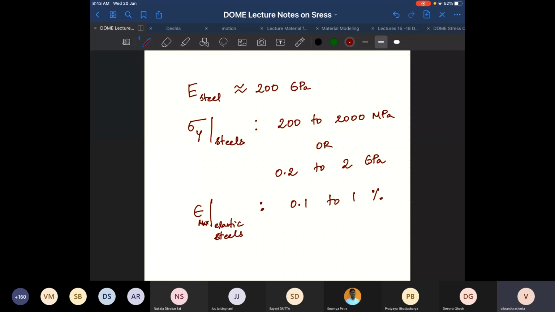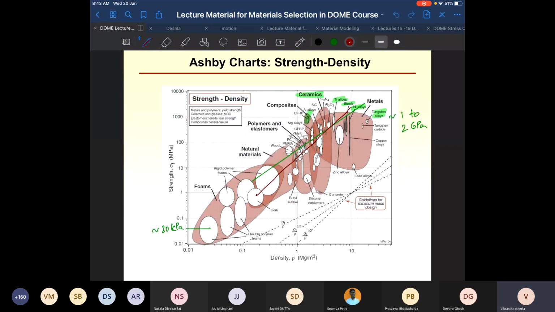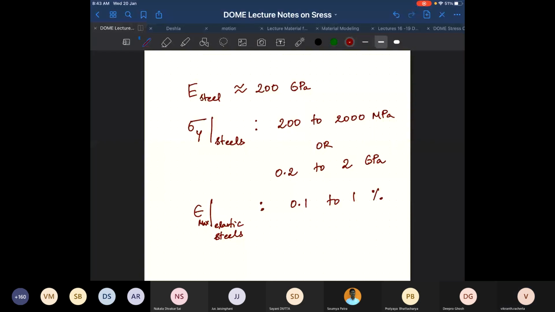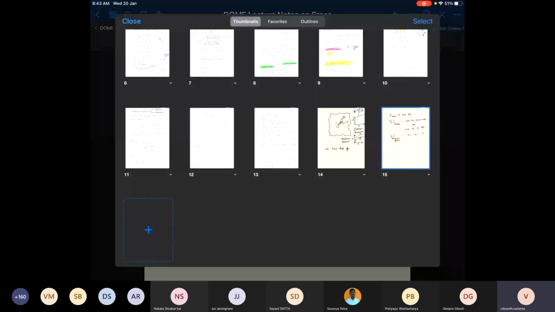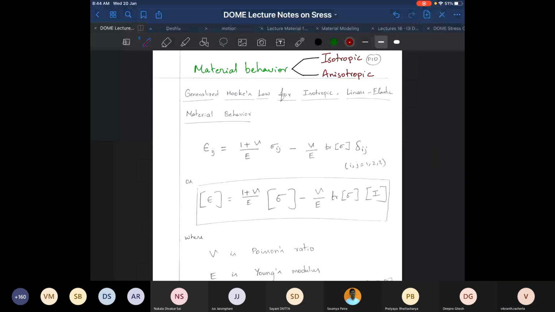So the deformation which the material undergoes when it is being subjected to stresses for metals is very small. So because the strains are small, and we are interested only in elastic behavior, we can take the material behavior to be linear and elastic.